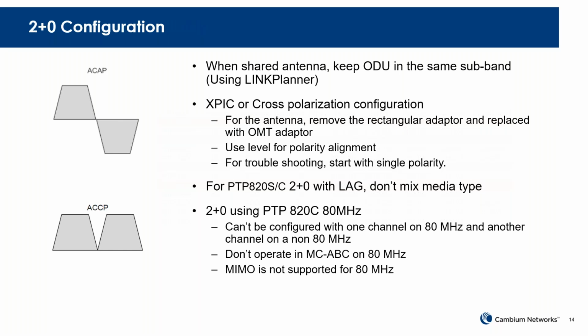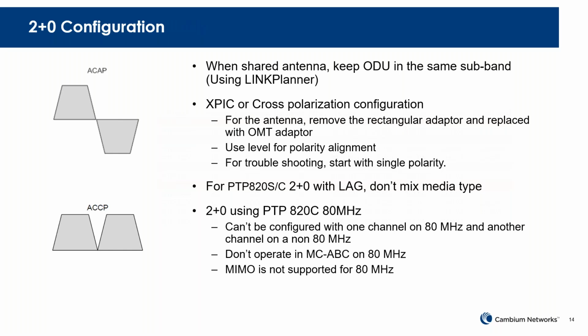Okay, and also keep in mind that with an 80 megahertz channel, you cannot turn on MCABC, because one of the big reasons is that there's a limitation of 1 gigabit per second with MCABC. So if you're running 80 megahertz and you run 2+0, you will usually get more than 1 gig, and with MCABC you are limited to 1 gig.